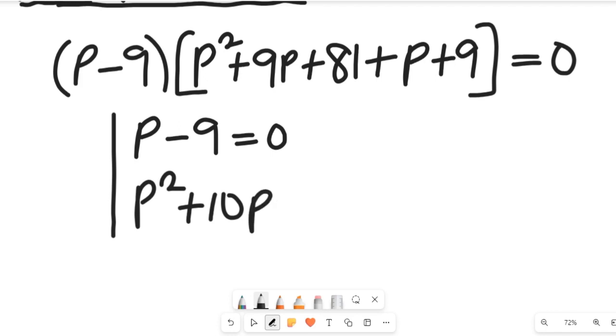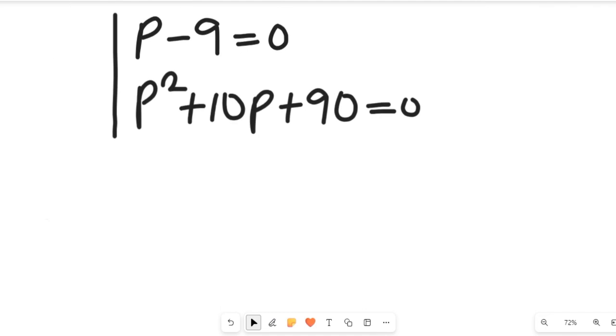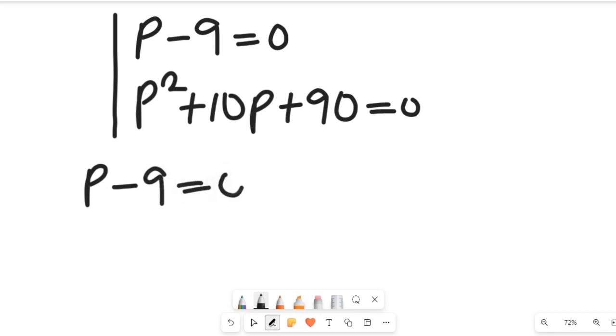81 plus 9 is going to give us a positive 90, and this will be equal to 0. One linear, one quadratic. So we'll simplify these two expressions in order to have the solution to the polynomial equation. From the linear, we'll have p minus 9 equal to 0.